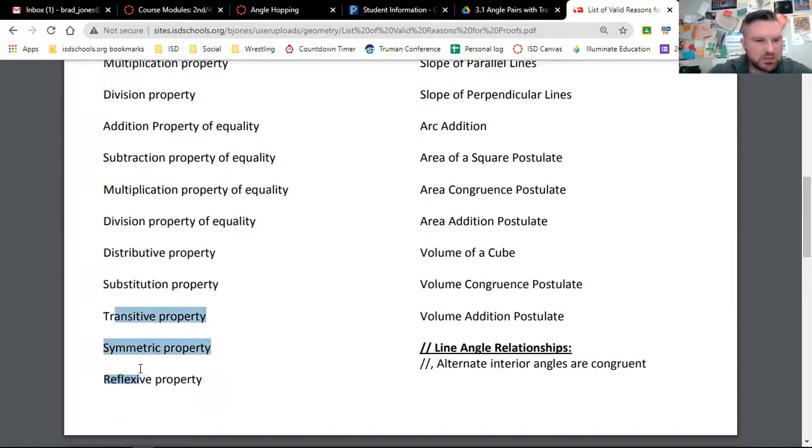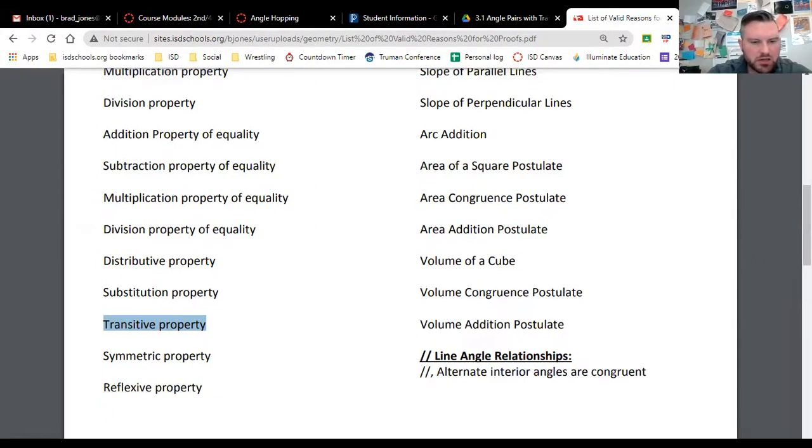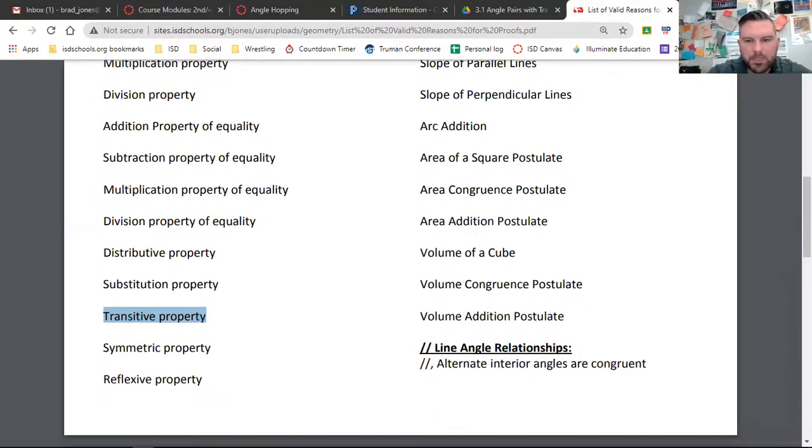Okay, this transitive property, you should probably put a big star by it. We're going to use that a lot. And what the transitive property is, I'll just go over that one because it is very important. So switch to the document camera. We're going to be on page 41 here.